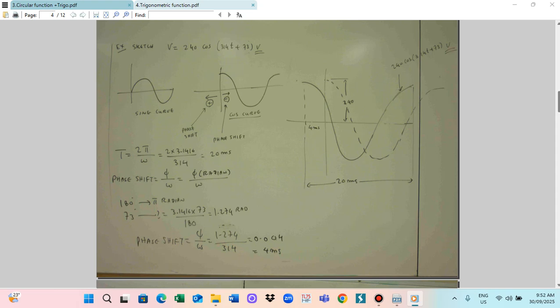The amplitude will be the higher magnitude, so this will be 240. So this graph will be 240 cos(314t + 73°). So for the cosine graph we can draw like this.